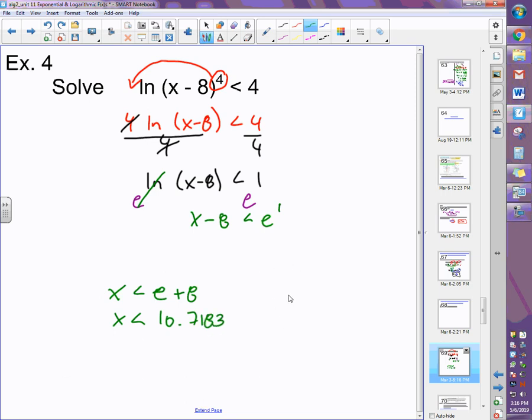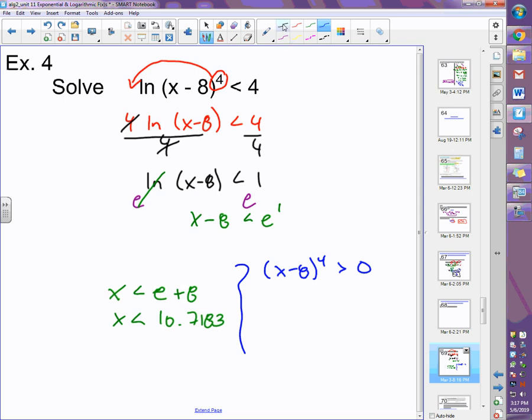And again, with the less than, we have to do the other part of the problem. So we take our argument. Our original argument was x minus 8 to the 4th power, and check to see that it is greater than 0.